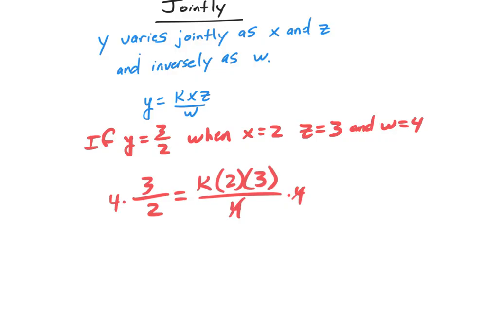So we'll multiply both sides by 4. Yeah, we have a fraction, but it's not that bad. 4 times 3 divided by 2. 4 times 3 is 12. 12 divided by 2 is 6. Okay, we shouldn't even need a calculator to do something like that. Over here, I still have 2 times 3 and k, so 2 times 3 is 6, so that would become 6k, and then we get a k value of 1.